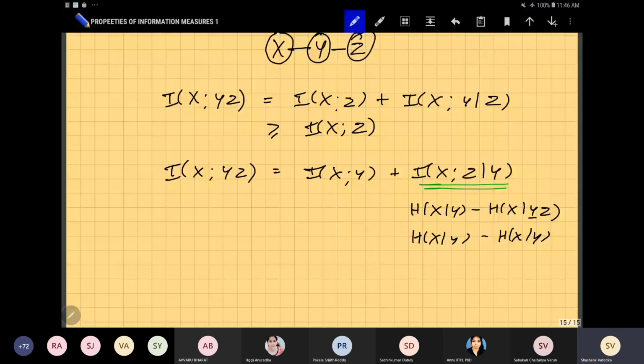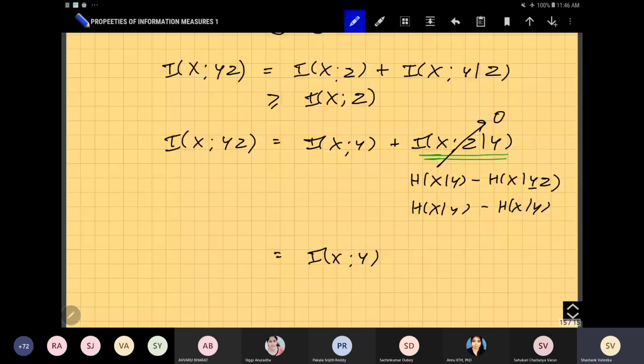So I(X;Y,Z) is equal to the mutual information between X and Y. But we've already seen that the left-hand side is greater than or equal to the mutual information between X and Z. So the mutual information between X and Y is greater than or equal to the mutual information between X and Z. So no amount of post-processing can increase the information that you get about X from Y. All right. Any questions?